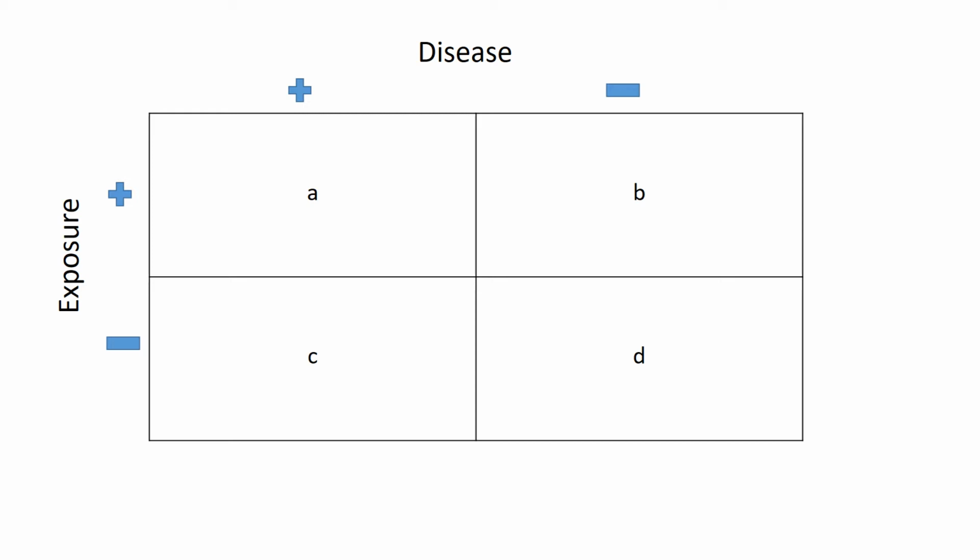As opposed to test, now we're talking about exposure. And the reason that's important is because exposure ultimately leads to some sort of risk. So again, you can be exposed and have the disease, exposed but not have the disease, not exposed and have the disease, finally not exposed and not have the disease. Again, 4 major outcomes.